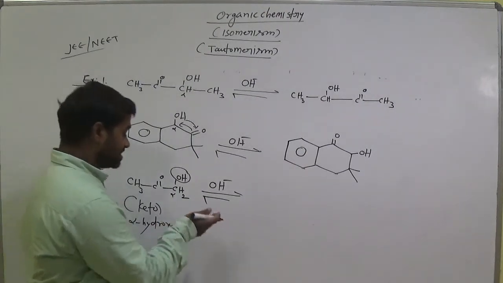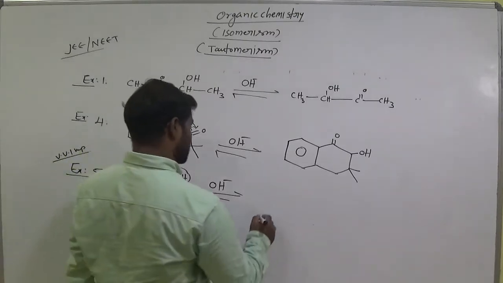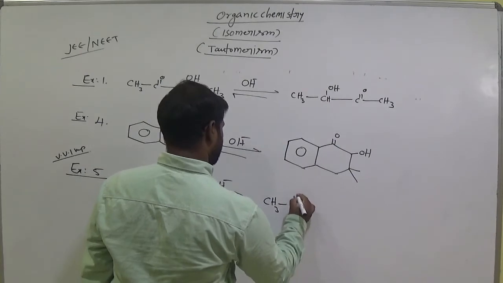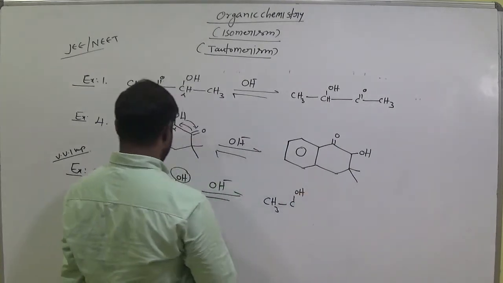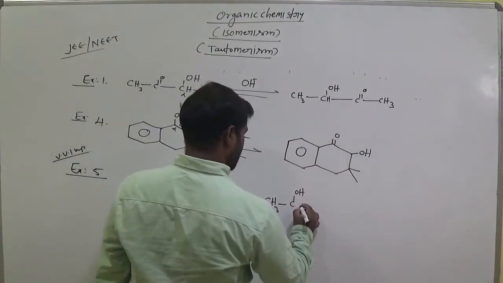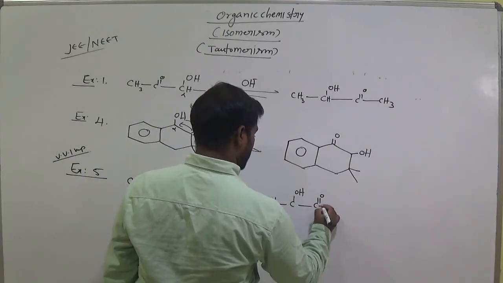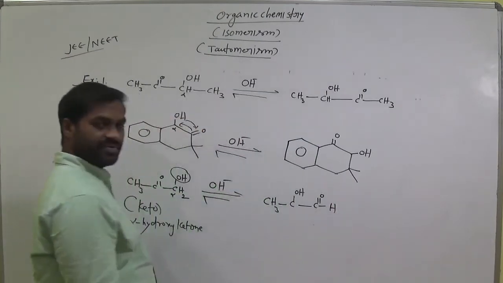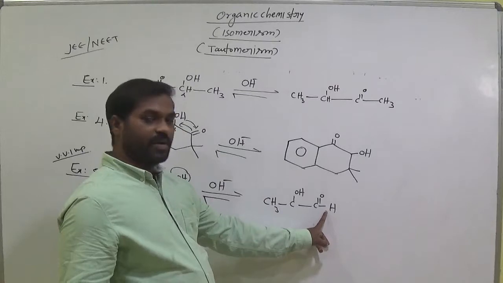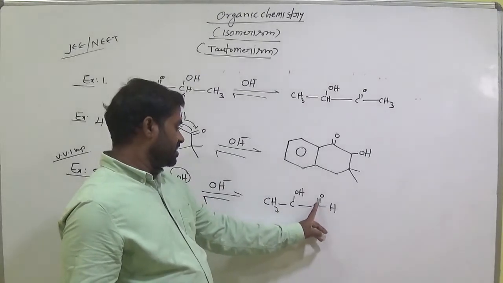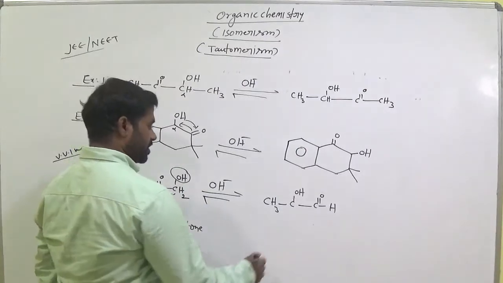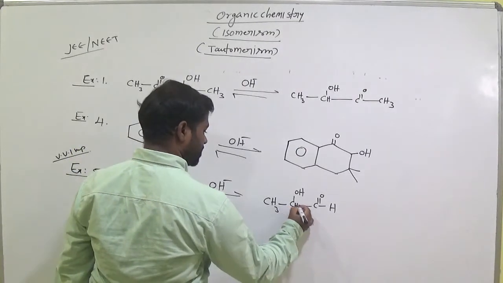Now converted with exchanged positions: CH3, C with OH, and C double bond O here. Let's see this carbon: 1, 2, 3, 4 bonds, enough. Here 1, 2, 3, and for the fourth bond you have to mention hydrogen.